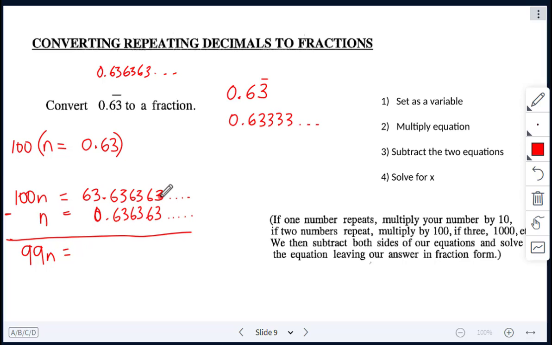Then notice what happens here: 3 minus 3 is 0, 6 minus 6 is 0, 3 minus 3 is 0, and so on. And so we end up with 99n is equal to 63.